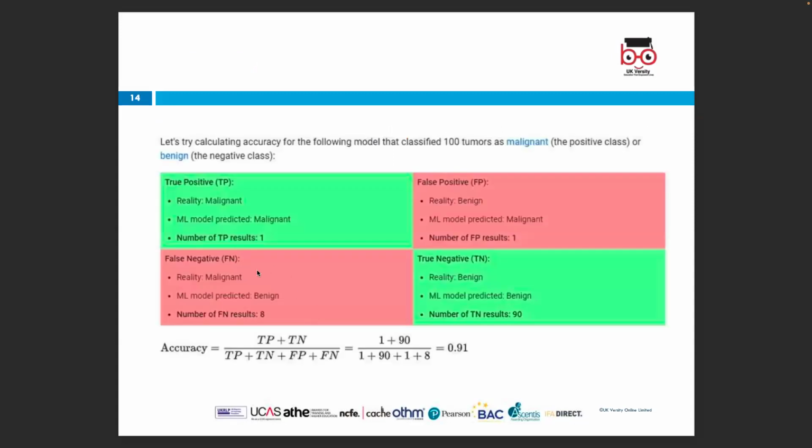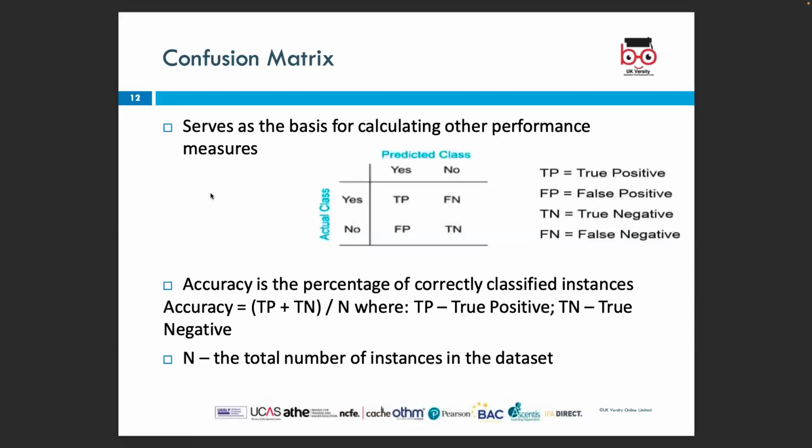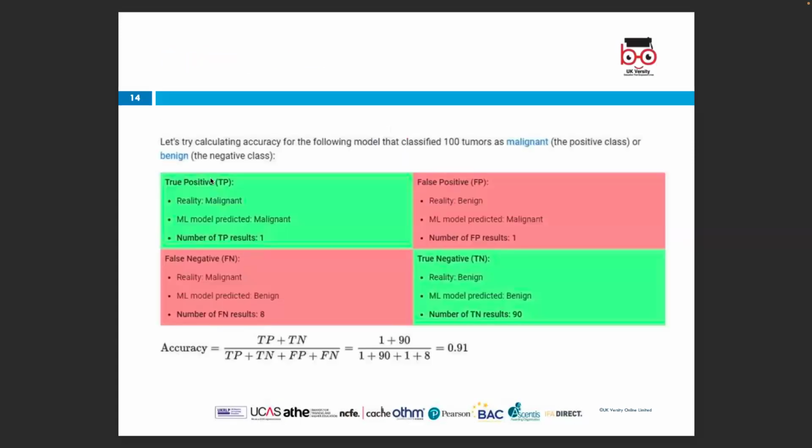So let's try calculating accuracy for the following model that classifies 100 tumors as malignant, the positive class, or benign, the negative class. So we have TP, TP, FN, FP, TN, like we saw here. TP is true positive: reality is malignant, which is positive, the model predicted malignant, and the number of TP results is 1.